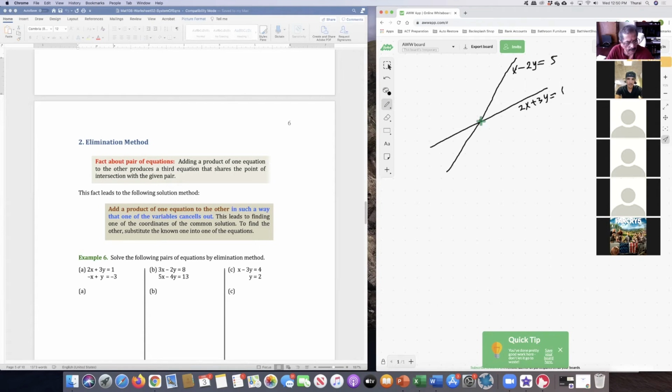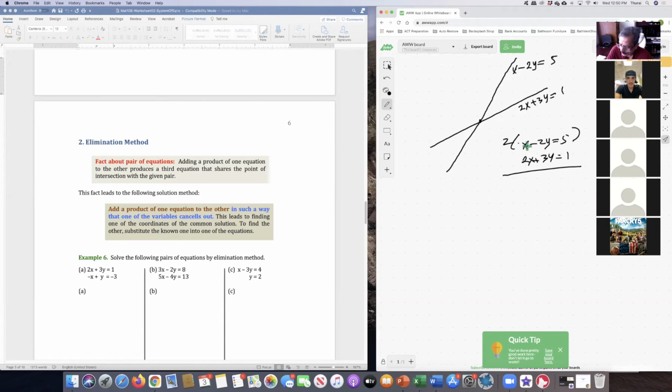The fact that we're going to use is this. If I add a multiple of one equation to the other, so let's say x minus 2y equals 5, 2x plus 3y equals 1. If I add any multiple of this, 2 times this, to the second one, any operation like that. So let's carry it out. 2 times x, here's 2x, this is 2x.